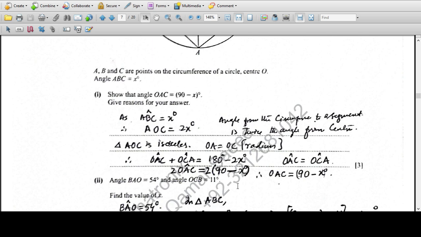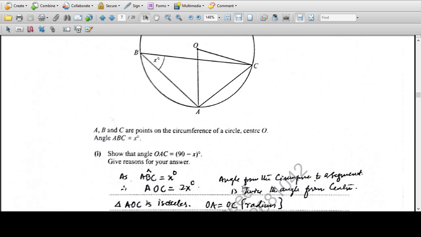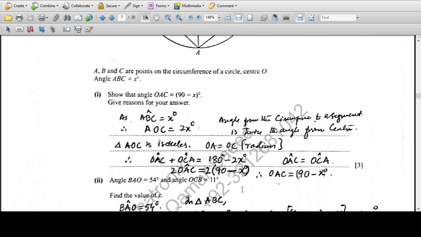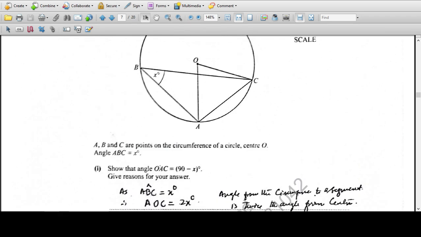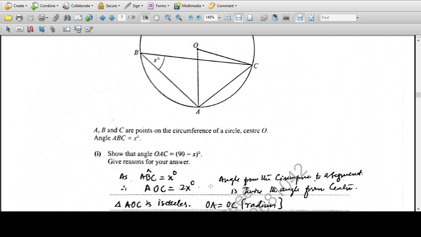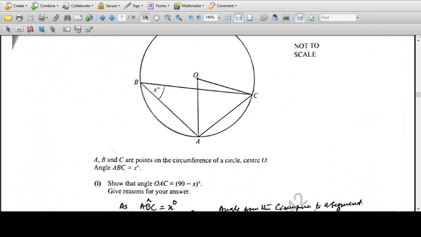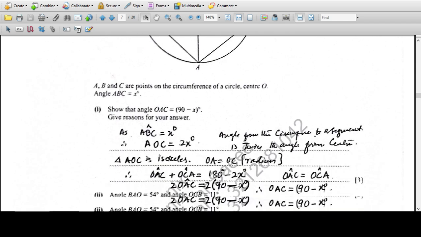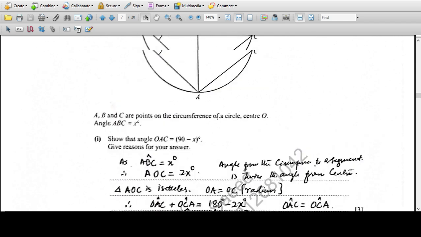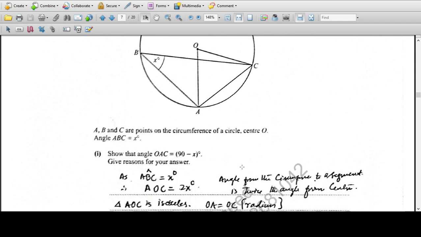This is part 1. I am repeating it because this is a little difficult. In part 2, BAO is 54 degree, which is given here, and OCB is 11 degree, which is given, and we have to find the value of x naught.